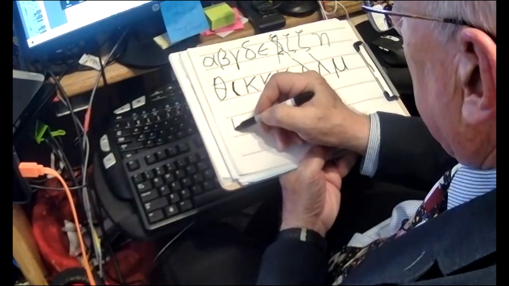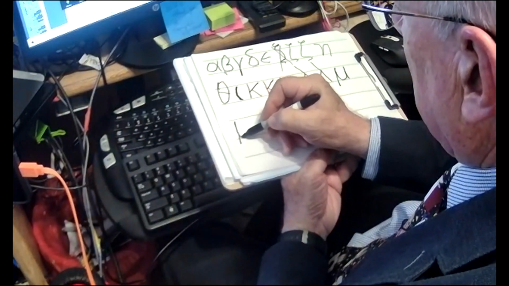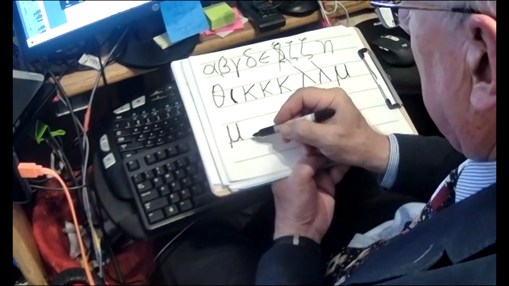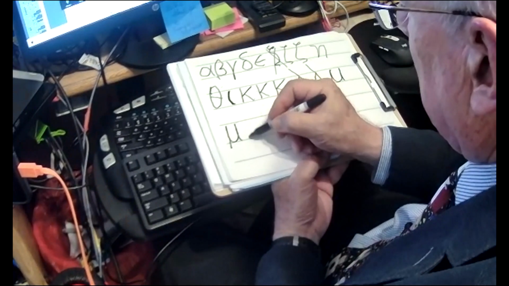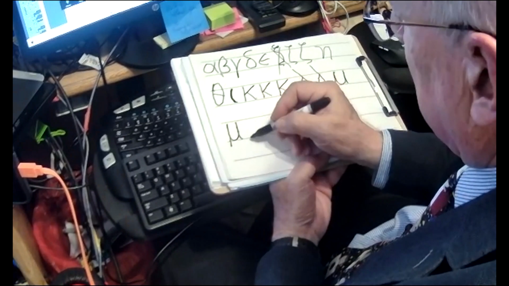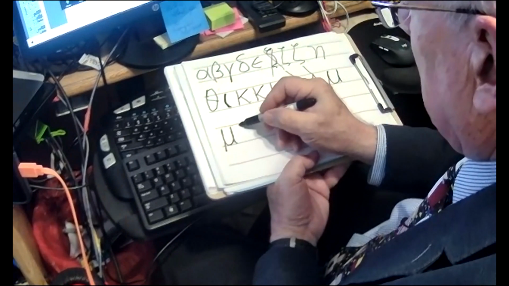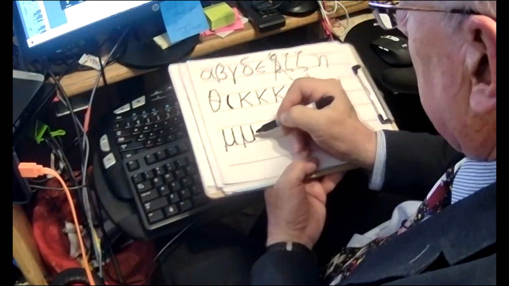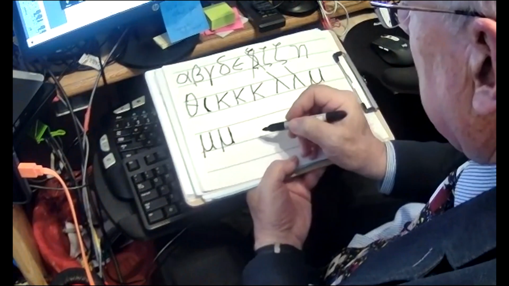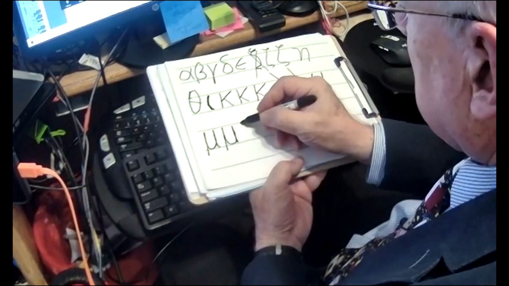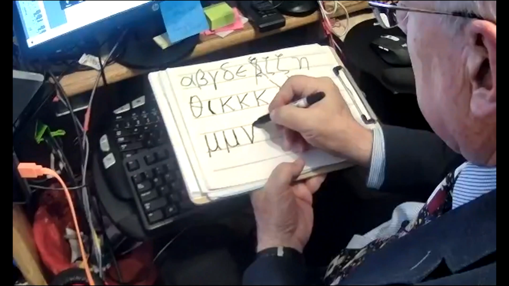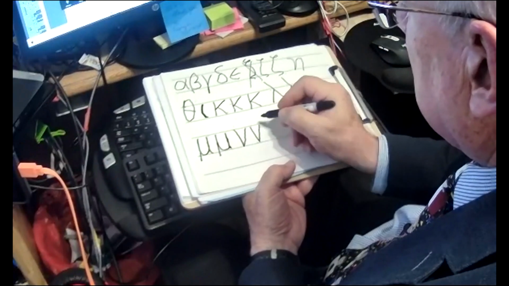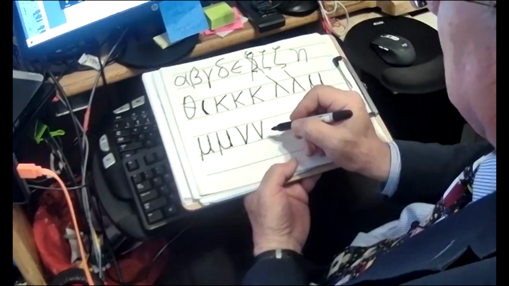So I use actually two motions. I think he actually starts below the line and then goes up. And that way you can do it in one motion, but I've gotten so used to doing it this way that I can't change almost. So mu, this is the M sound. The next letter is nu, and it looks like an English V, but you have to remember this is not the V, this is nu, the N sound.